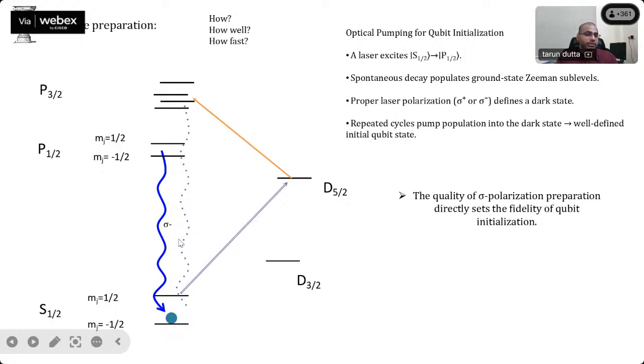Since I already talked about the optical pumping between S1/2, P1/2 and D3/2, why am I telling you about this other path? Because if we use this, we have to verify in which case we get good fidelity. We can prepare very well, but you have to check which beam you prepare best, from the polarization point of view.